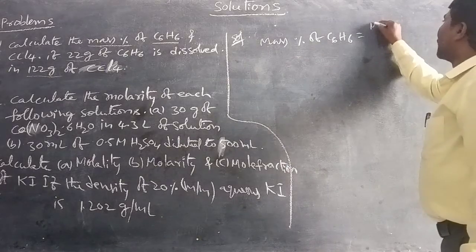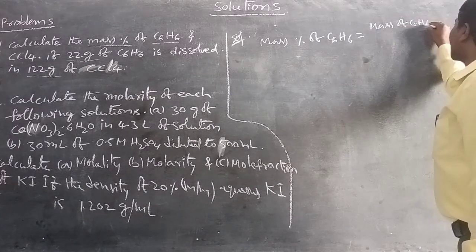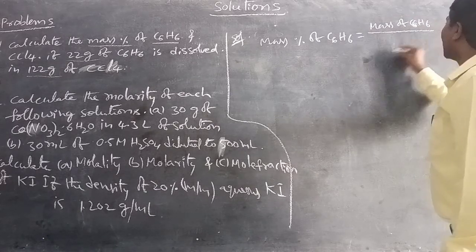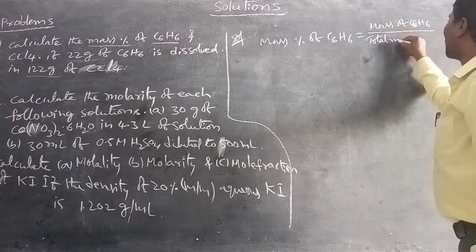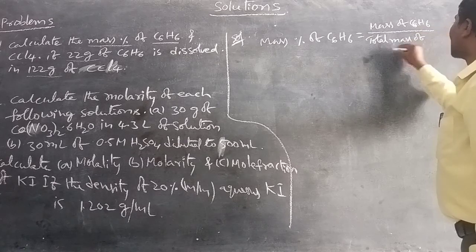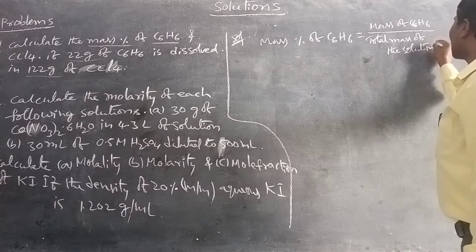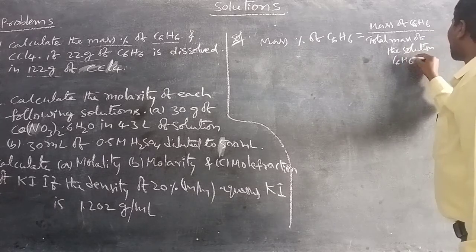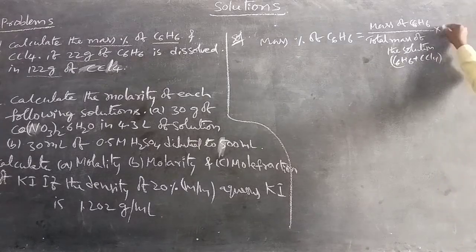So here, mass of benzene C6H6 divided by the total mass of the solution, that means C6H6 plus CCl4, into 100.